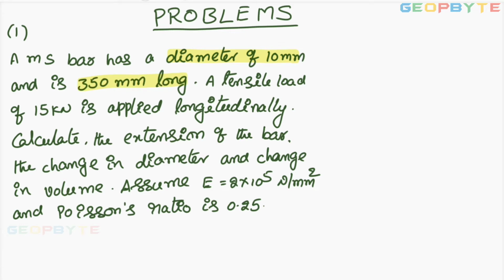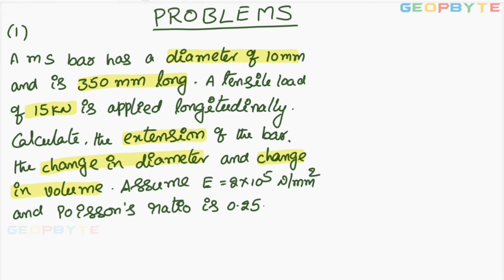A tensile load of 15 kilonewtons is applied longitudinally. Calculate the extension of the bar. Here extension means change in length, the change in diameter of the rod, and change in volume.